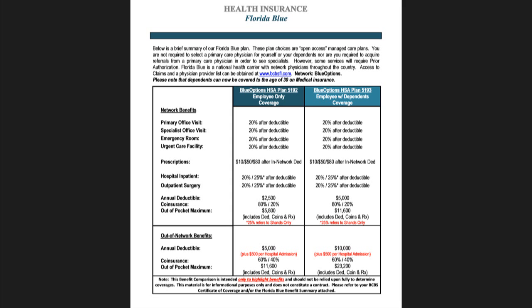However, the choice is yours. If you choose to see a non-participating provider, not only are the calendar year deductible and coinsurance doubly higher, but you'll be fully responsible to pay any balance billing charges, which will be any charges above Florida Blue's contracted or allowable amounts.